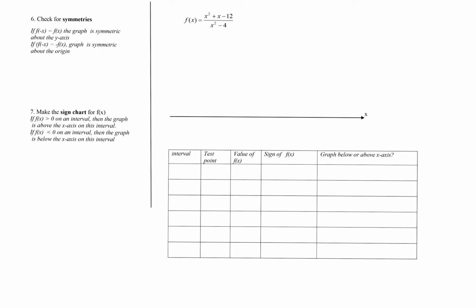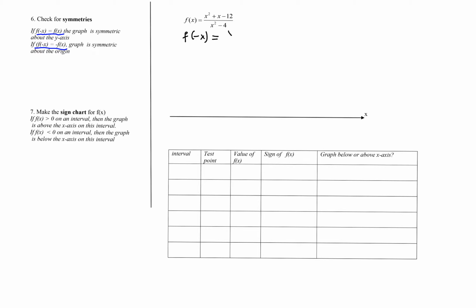The next step is to check for symmetries. We'll use the definition of even and odd functions to determine whether the graph is symmetric with respect to the y-axis or the origin. So let's check whether the function is even. Let's compute f of negative x.